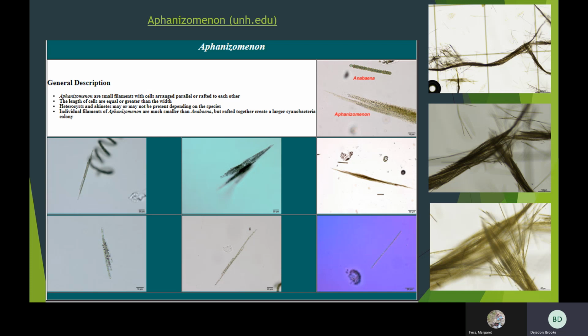They raft together, so they can look very different depending on how big the rafts get, but individual filaments are characteristic in their cell division, how big they are, and the color and granulation in the cell. So you do want to supplement this with a taxonomic reference, but at least the image-based approach can get you to the genus or type that you're looking at. Aphanizomenon is one of the more common ones we see, but there are years where we don't see it at all, and a lot of times it's mixed with other types of cyanobacteria.